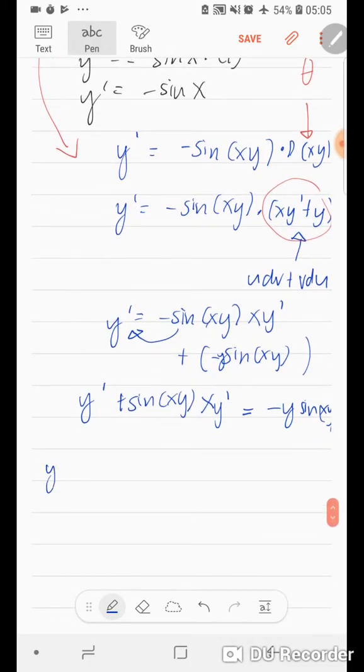So factoring it out, y prime times 1 plus x sine of xy equal to negative y sine xy.